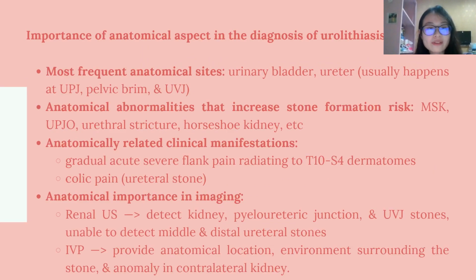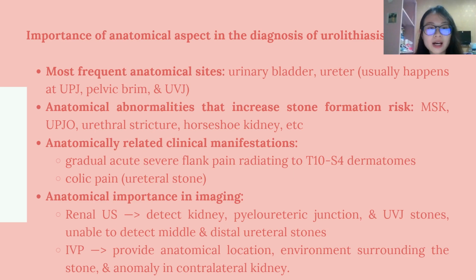The most frequent urolithiasis anatomical sites are the urinary bladder and ureter, especially at the UPJ, the intersection of the ureter and iliac vessels, and the UVJ. Several anatomical abnormalities can increase stone formation risk, including MSK, UPJO, urethral strictures, and horseshoe kidney.